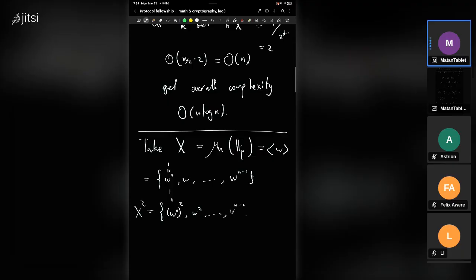And then I have W^n, but because W is a root of unity, W^n is 1.